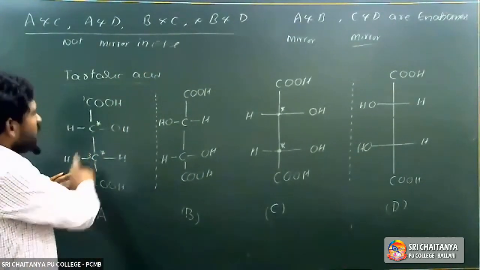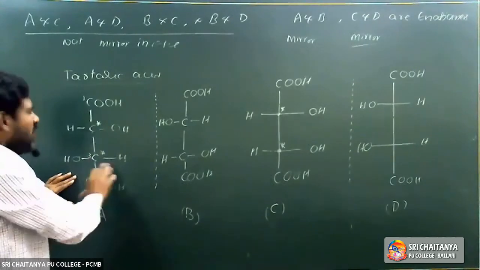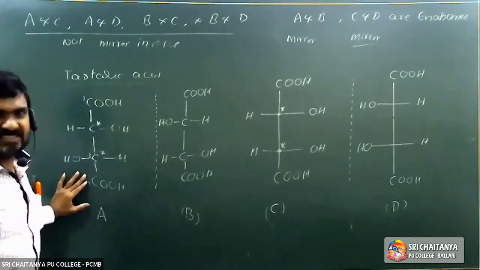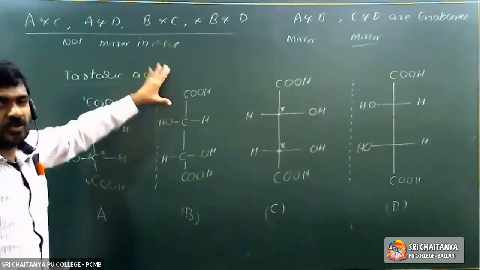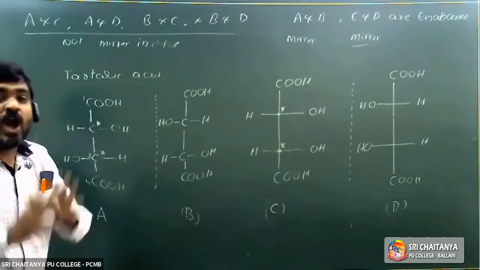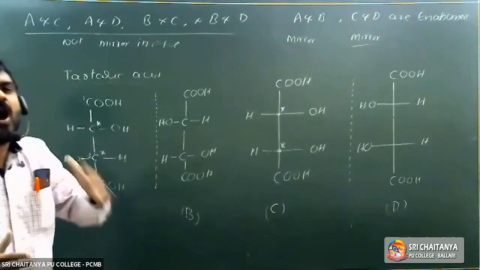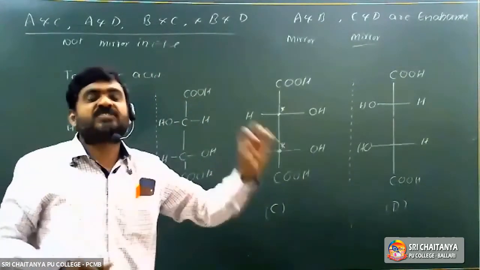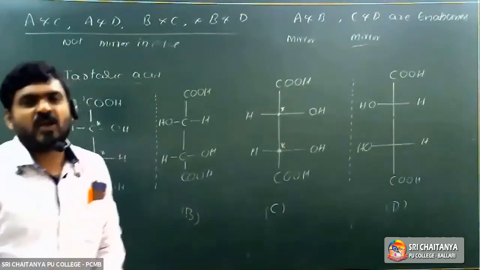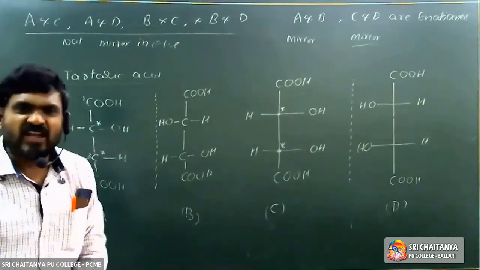Stereoisomers which are non-mirror images and non-superimposable are called diastereomers.